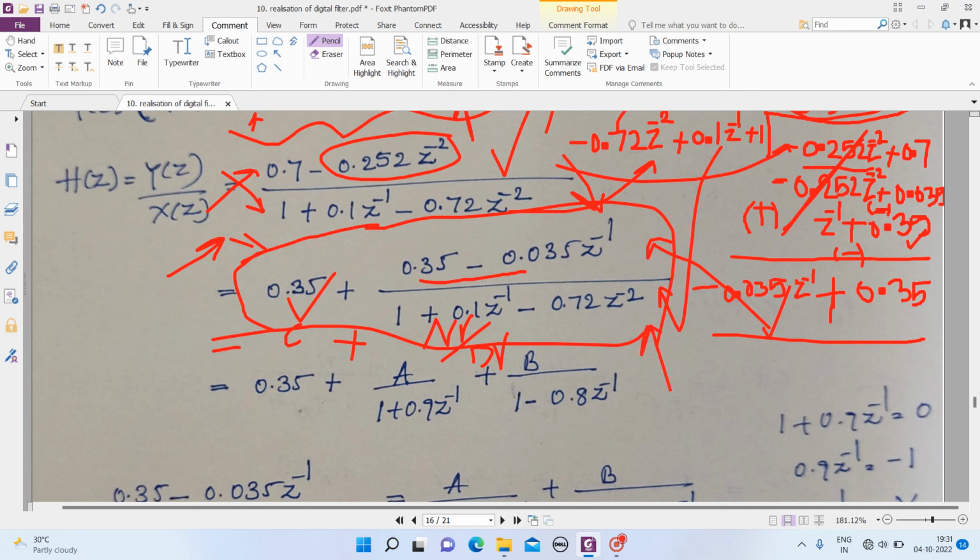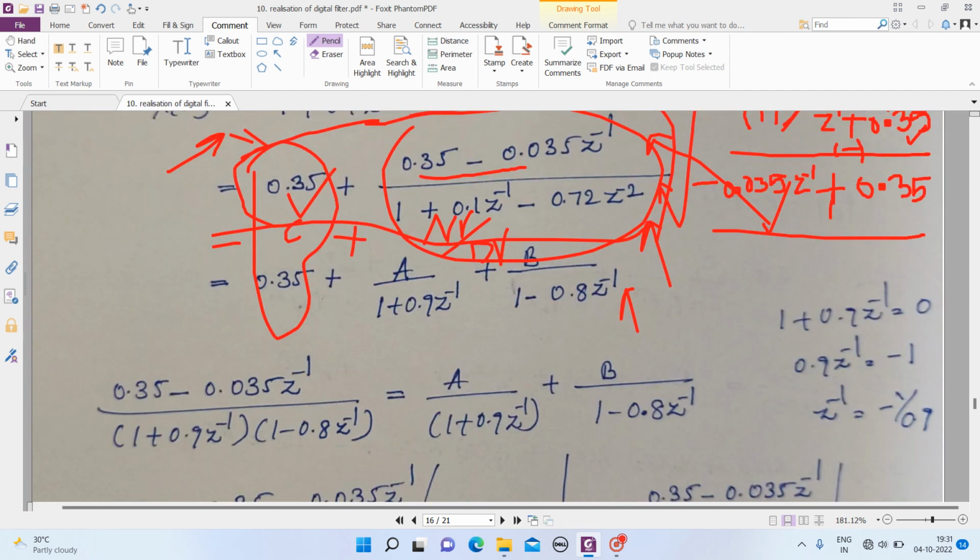After writing this, using the partial fraction method, we have to find the transfer function. For this equation, we keep this 0.35. Similarly, we are going to change this equation into different transfer functions using the partial fraction method.